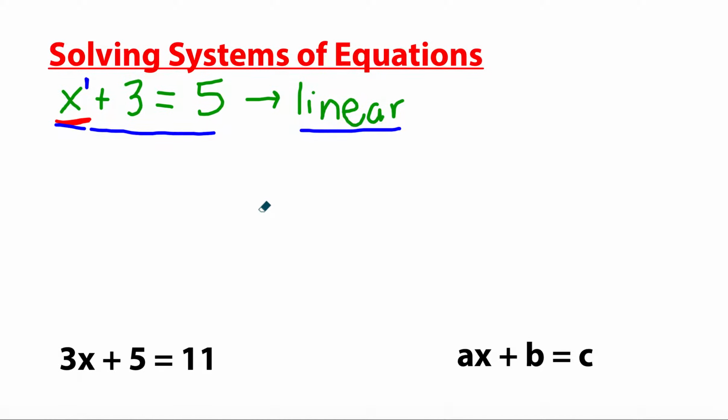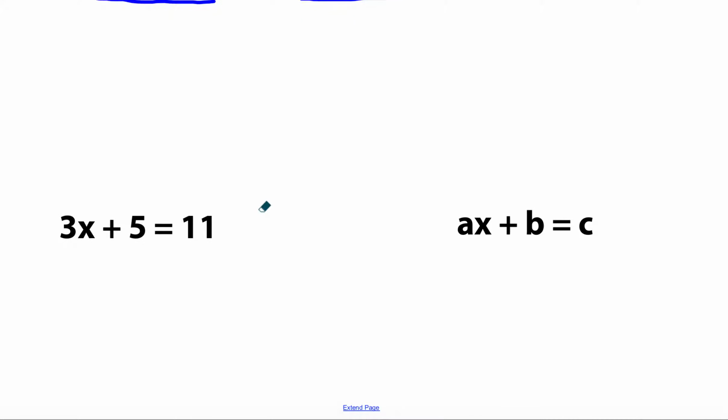And solving linear equations is very simple. You see we have these two here. These are both linear equations. Why? Because in each case, here we're going to say that A, B, and C are numbers. A, B, and C stand for numbers. Those are called coefficients.